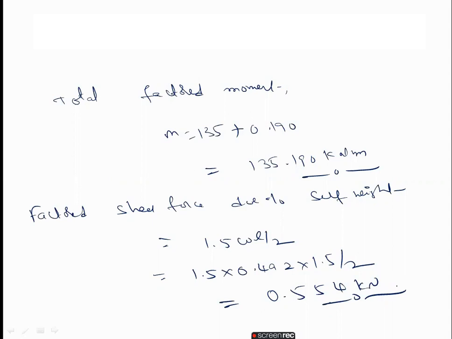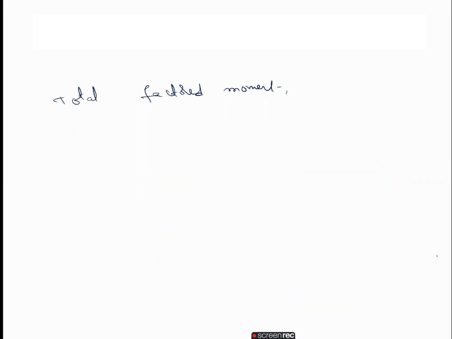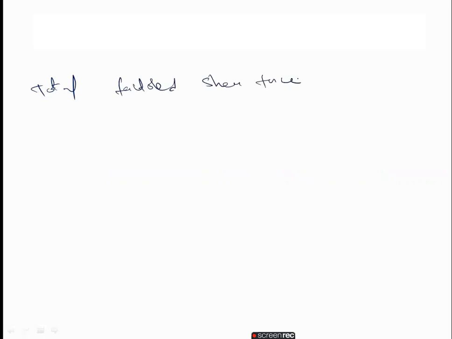Now the total factored shear force. Generally the load acting is 360, so the general shear force is W by 2. I will write here: the total factored shear force on the section is the load by 2, that is the shear force acting on one side, plus whatever we got due to the self weight, that is 0.554.